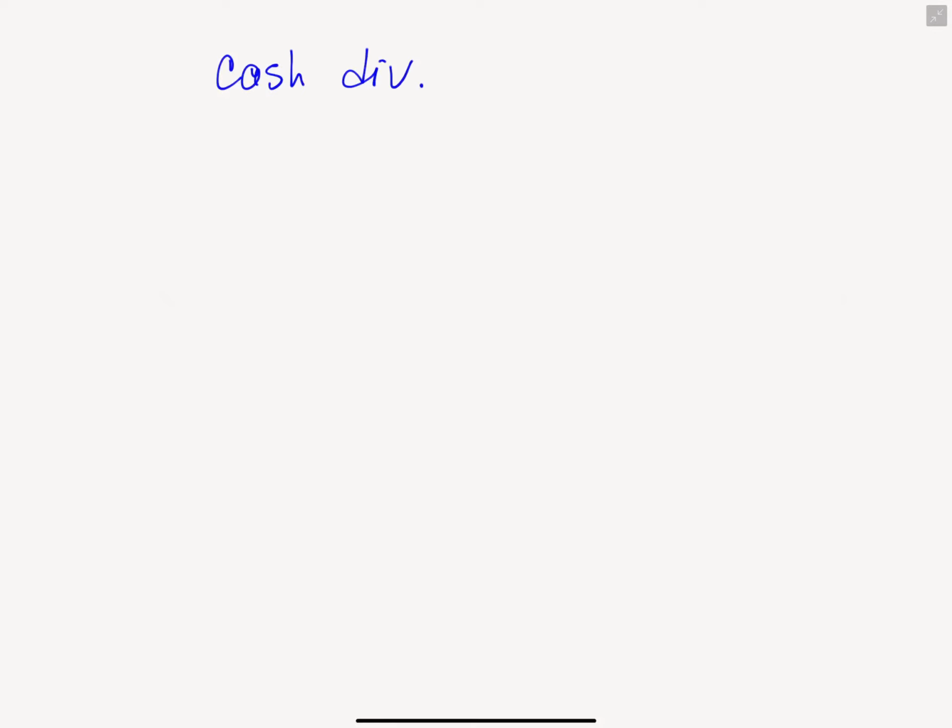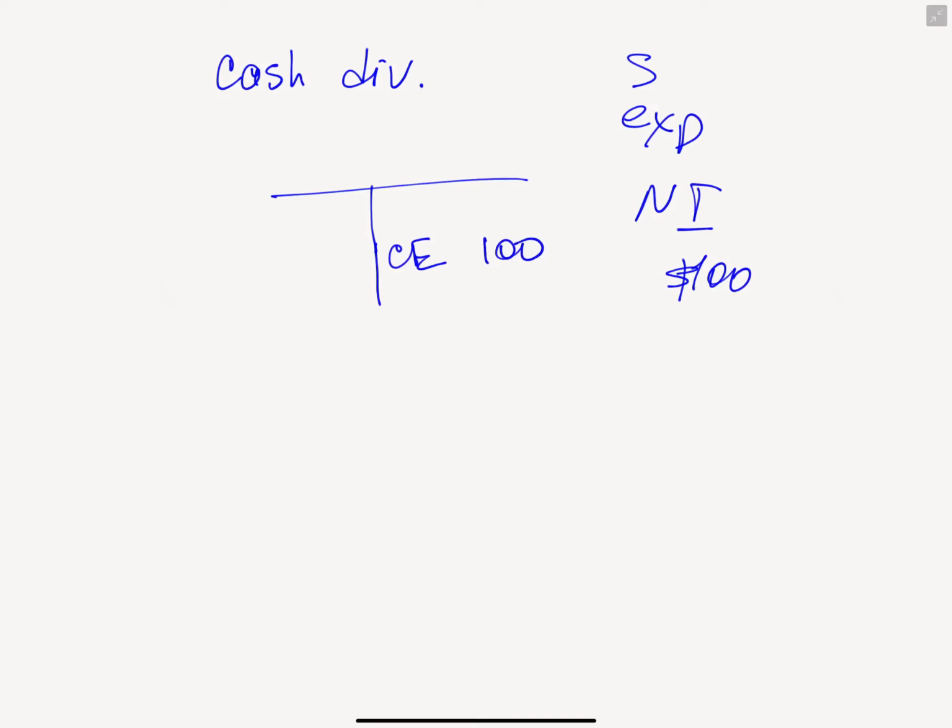Cash dividends. Cash dividends means sales, expenses, net income. The company had some net income, for example $100, and this net income goes to the balance sheet, to the source of funds, to the common equity, 100 plus. Then the company has a cash increase of $100. If the dividend is paid out of this 100, say a $5 dividend, then, as the name suggests, the cash is decreased.